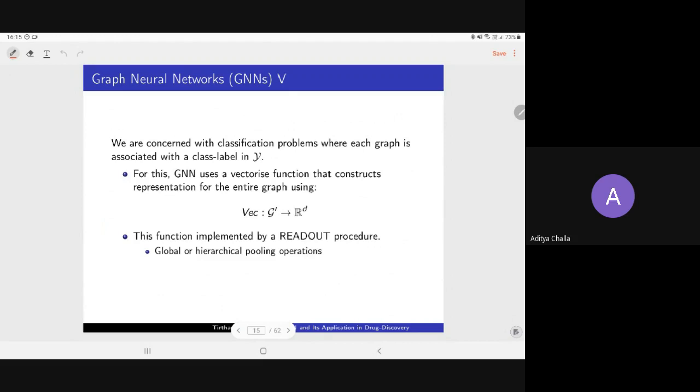So we call that a graph representation, and that is done using a vectorization function. And that transforms the relabeled graph G dash and produces a D-dimensional real vector. And this function in practice is implemented using a readout procedure, which are mainly global or hierarchical pooling operations.